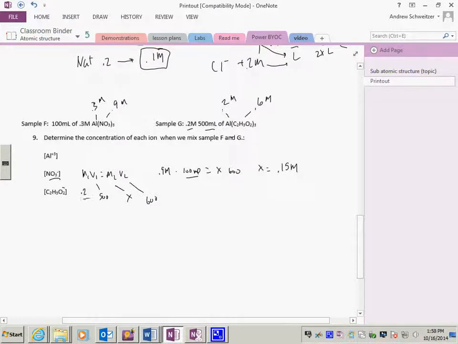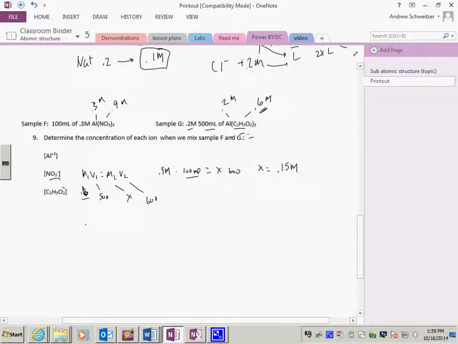The acetate ion concentration was actually 0.6, so I'm going to use 0.6 so that I don't have to multiply by a 1 to 3 ratio when I'm done.